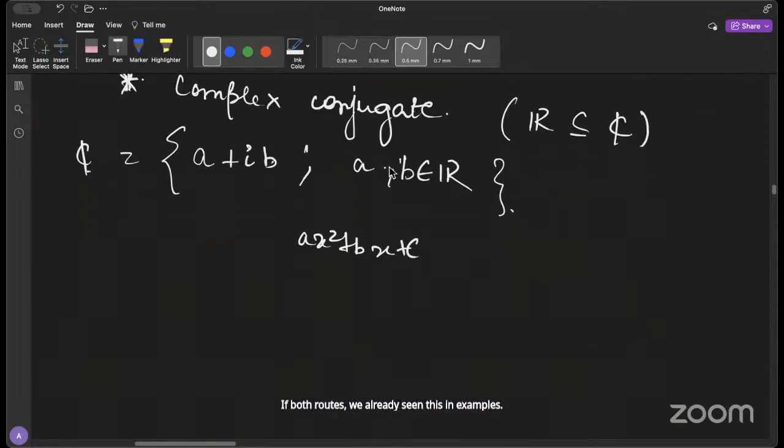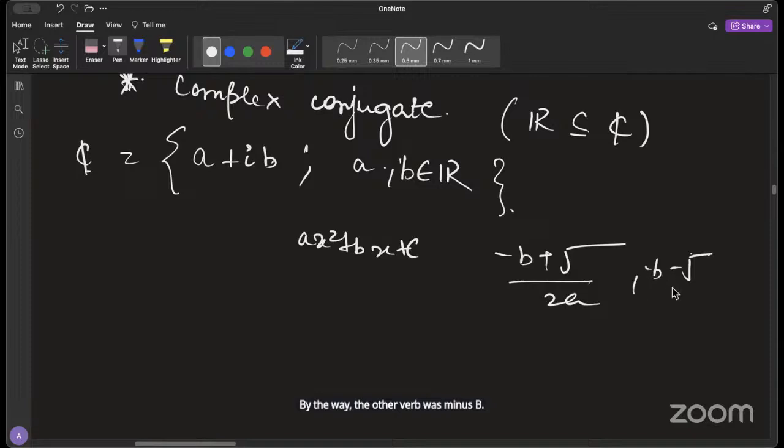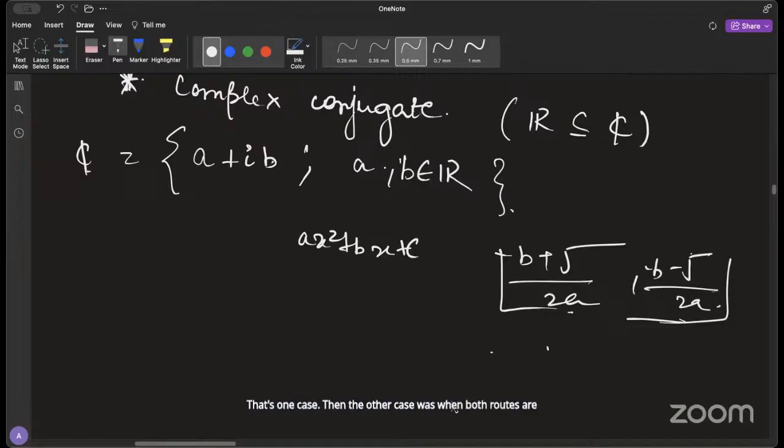First case was when both the roots are real and they're distinct, right? So one was minus b plus square root by 2a, the other was minus b minus square root by 2a. So these were distinct roots. That's one case. Then the other case was when both roots are same, and then the last one was when there are complex roots, right?